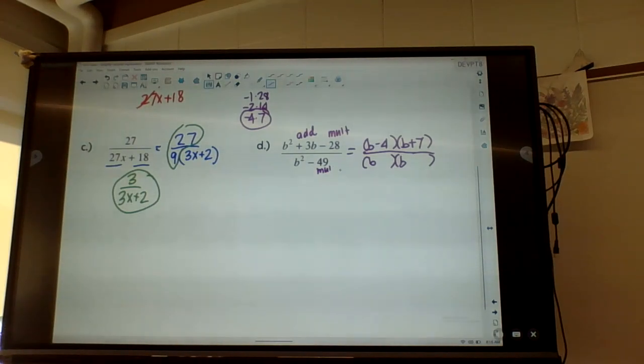And what are we adding to get though here? Yeah, 0. We want to add to 0 because we want that middle term to cancel out. So multiplying to negative 49, this is one that's called difference of squares. They are perfect squares. Yep. Plus 7 minus 7. Nice work.